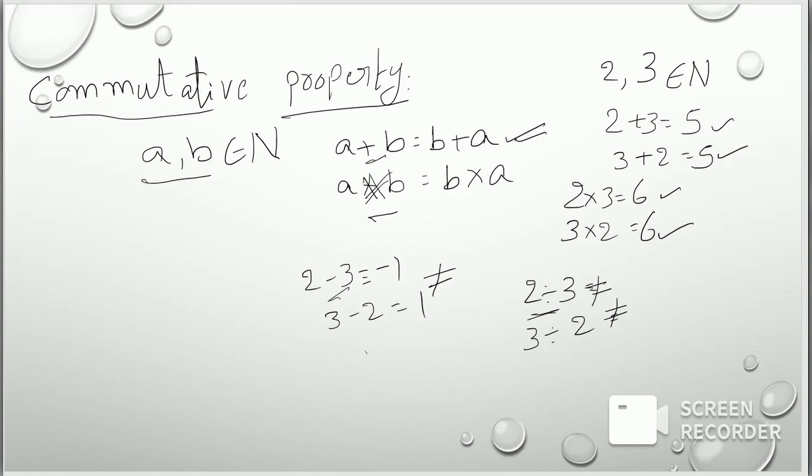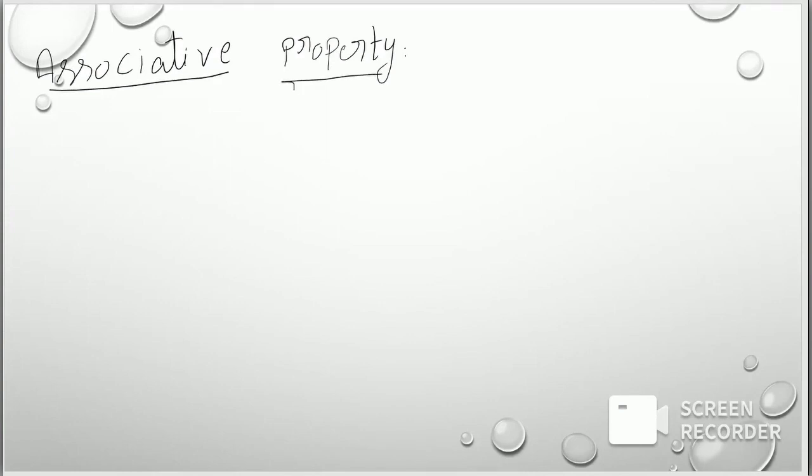The next property is the associative property. For this associative property, we take any three numbers. For closure and commutative we take only two, but for associative we take any three numbers a, b, c in the set of natural numbers.